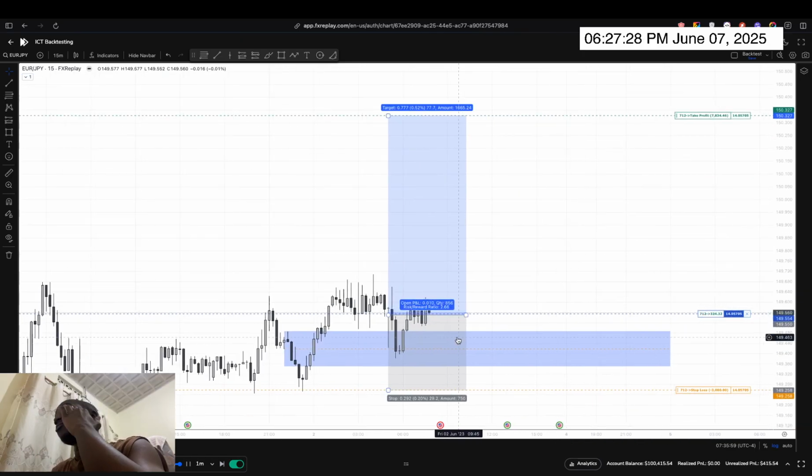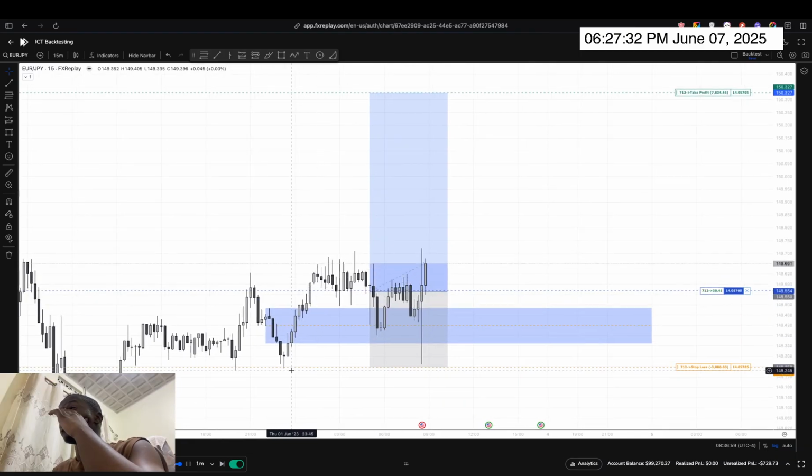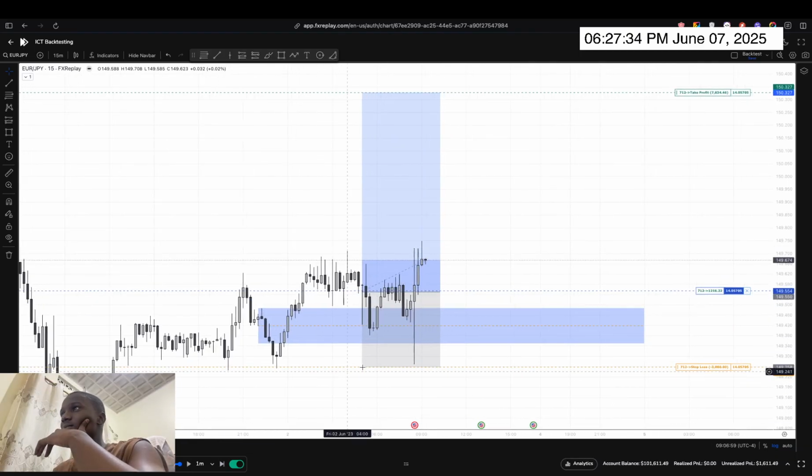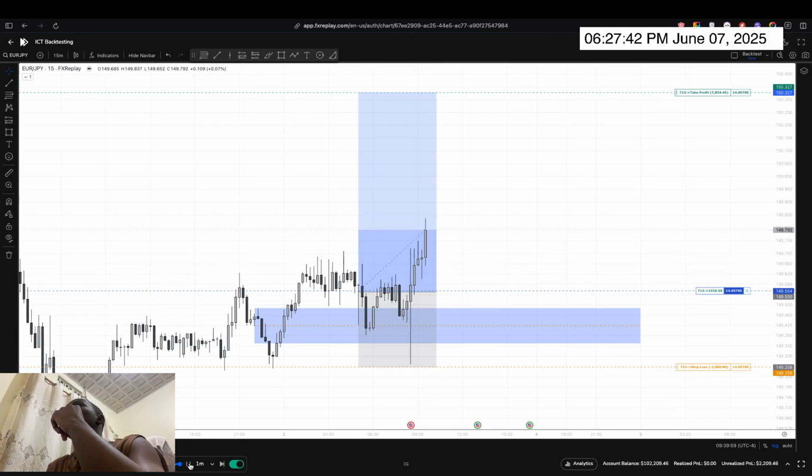So it first dropped further into the fair value, into the order block. Wait, so were these news or what? 8:30 opening, Friday 2nd June, NFP. Yeah, this was an NFP day.